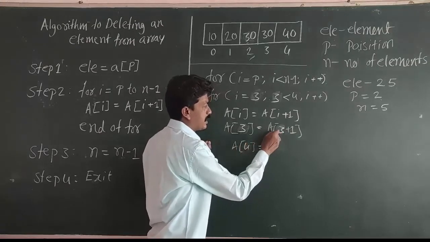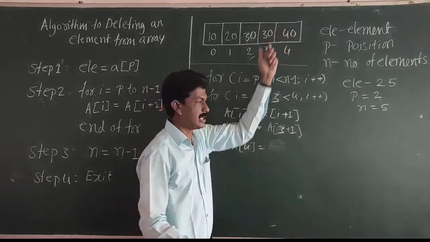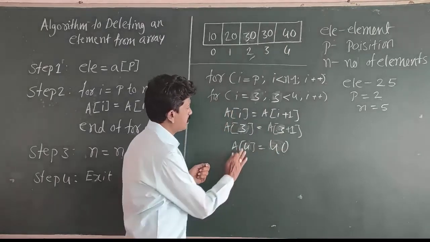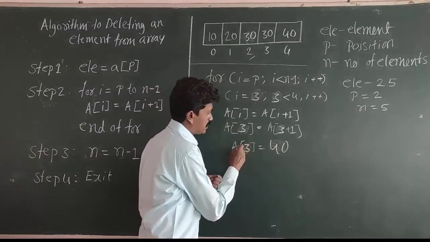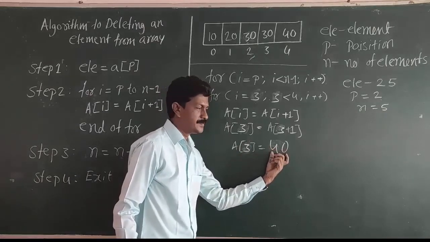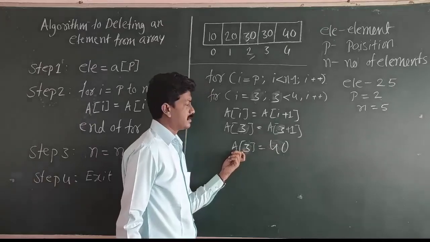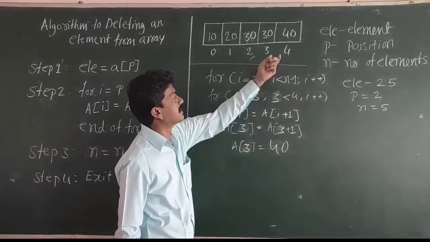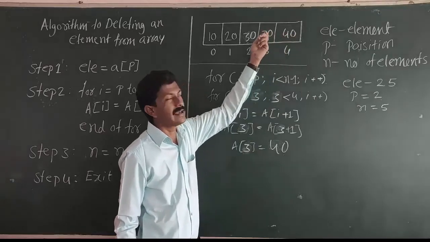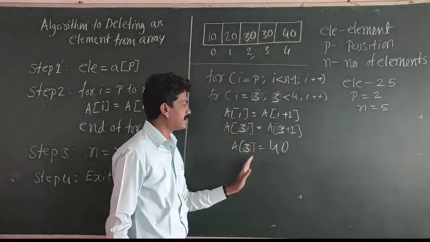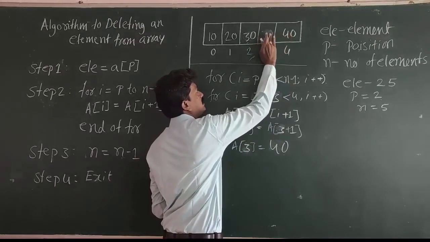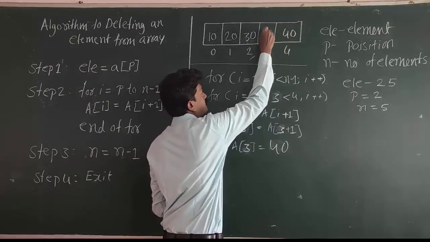In A of 4th index I have the element 40. Now 40 should be assigned to A of third index, which means the content of the 4th index is copied to A of third index. It is a simple assignment operation: the content of A of 4 is assigned to A of 3.